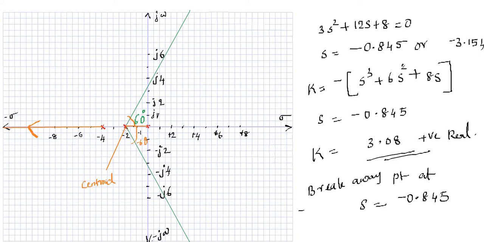Here there are only two values, minus 0.84 and minus 3.15. You can see that minus 3.15 is outside the root locus, because it is outside the value of minus 2. So, here the breakaway point is minus 0.845.